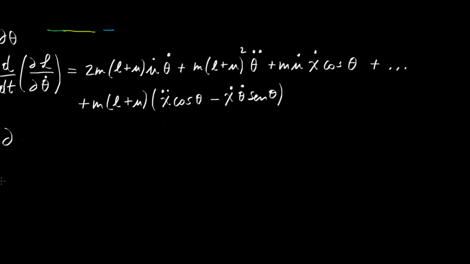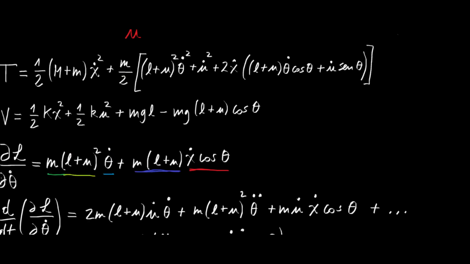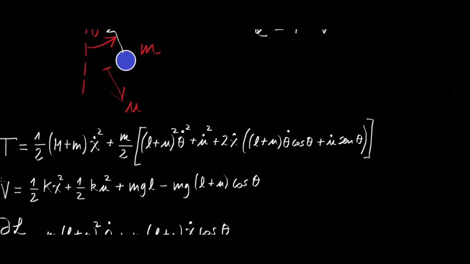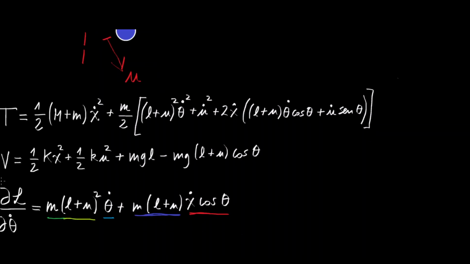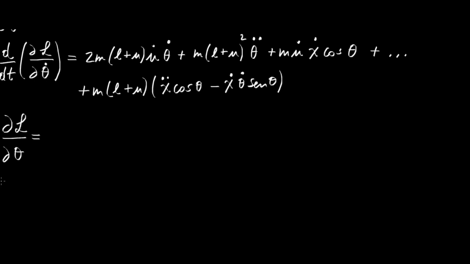Perfect. We now shall find the partial derivative of the Lagrangian with respect to theta. If we look again at the expressions for kinetic and potential energy, we can note that theta appears in both of them. So we have to be a little more careful here, but we apply the same rules. The partial derivative with respect to theta leads to the following result.